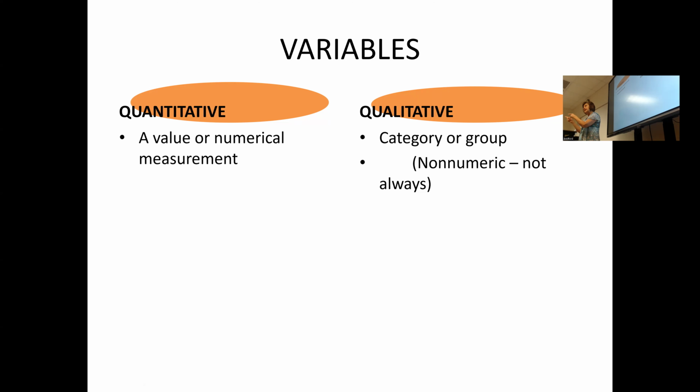But if I don't see a number, it can't be quantitative. There has to be a number to be quantitative. Does that make sense? In fact, can you think of a time that you might have numbers involved, but the numbers don't really have meaning? They're just there to help identify something.